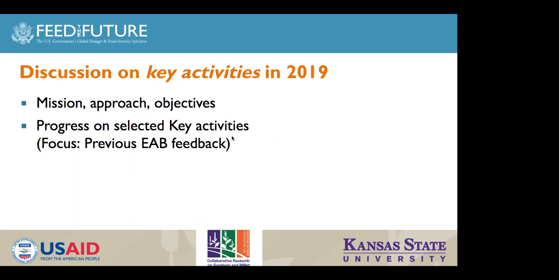When we think of the logic chain of this work, the activities feed into the objectives, and that feeds into our mission. I tried to focus on where we had previous EAB feedback on particular activities, where we've undertaken activities to specifically address the feedback that we were getting from the EIB.